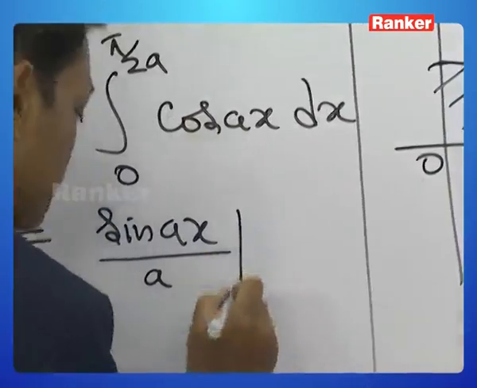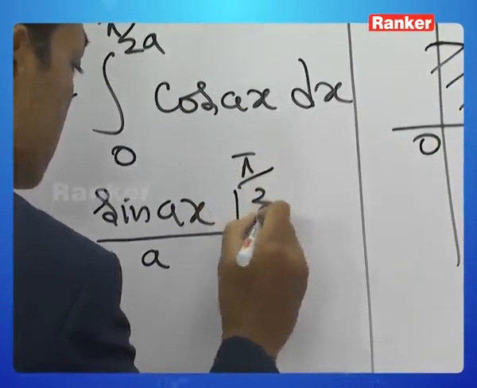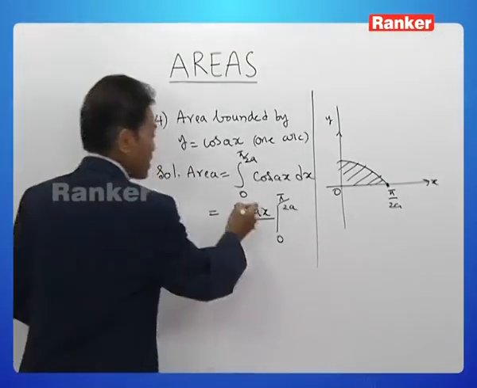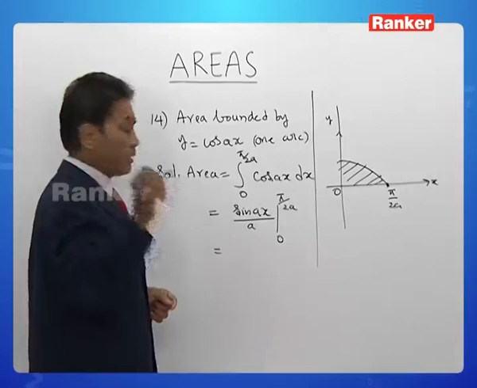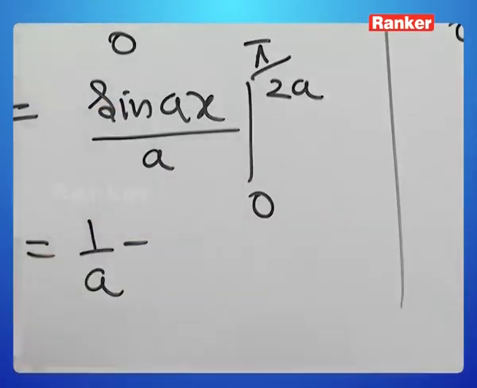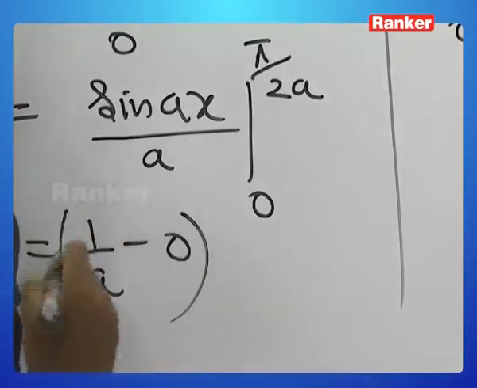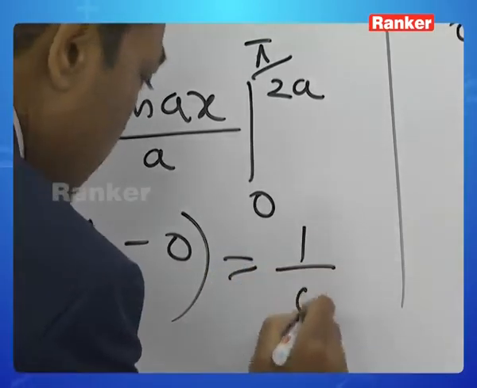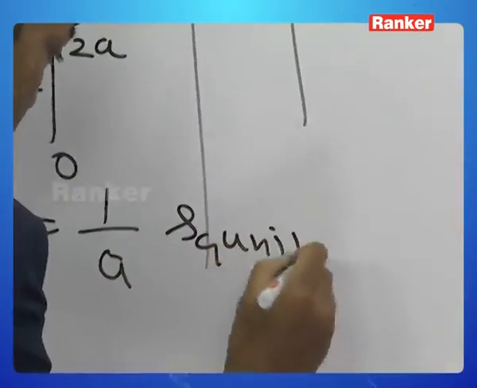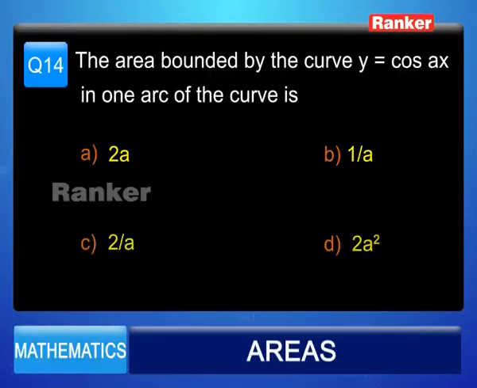Apply the limits. Put pi by 2a here. A cancel. Sin pi by 2 is 1. Put 0, sin 0 is 0. So what is your answer? One arc, 1 by a square units. Right answer is B.